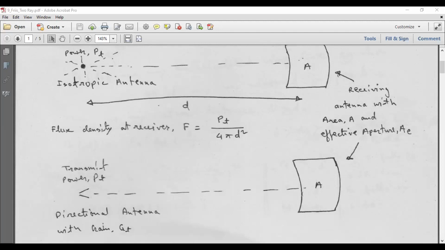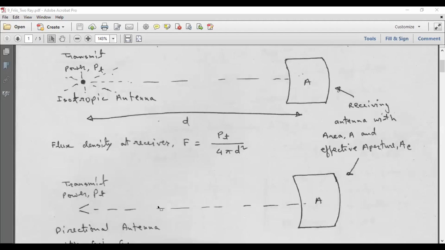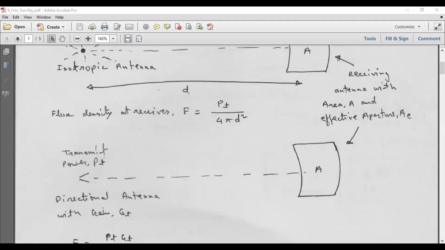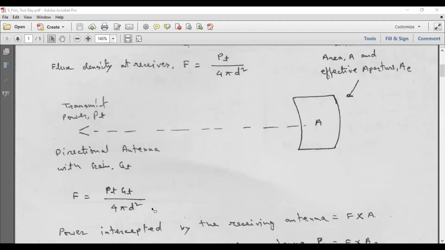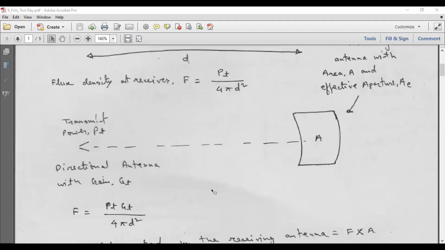So definitely in the direction of the receiver, the energy will increase. But how much will it increase? It will increase by the ratio of the directivity, because directivity is the ratio of maximum radiation compared to what we have for isotropic antenna, right? So multiply by the directivity and then you get how much the power will increase from the first figure to the second figure at the receiver, right? Is it clear? Yes, sir.